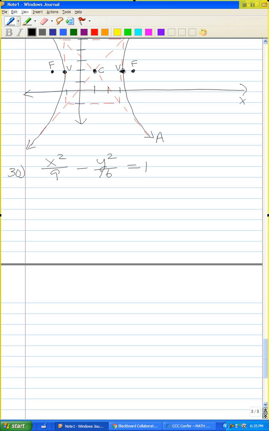And so the center is at the origin. So in this case, I'll just give you a general idea of what it's going to look like, but don't take this as being anywhere accurate. So I have some sort of hyperbola that looks something like this.